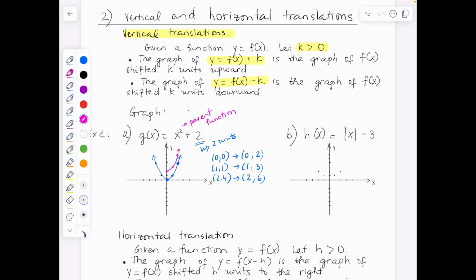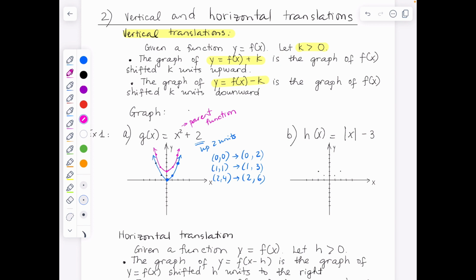That would give me half of the parabola, and then I know that the parabola is symmetric along the y-axis, so I can just reflect the points on the other side and get a symmetrical shape here. So when I reflect, I would have (-1, 3) and then (-2, 6). And now you can connect the whole thing and get the whole parabola.